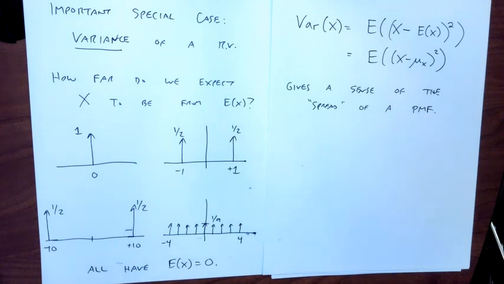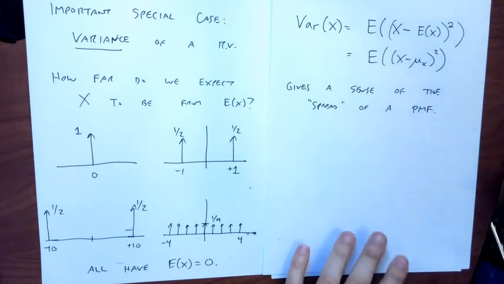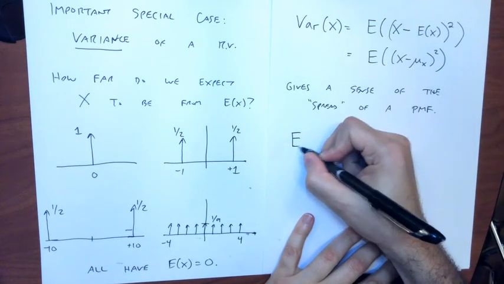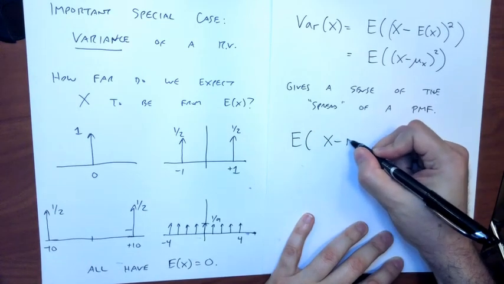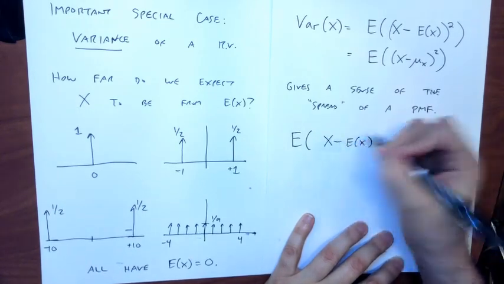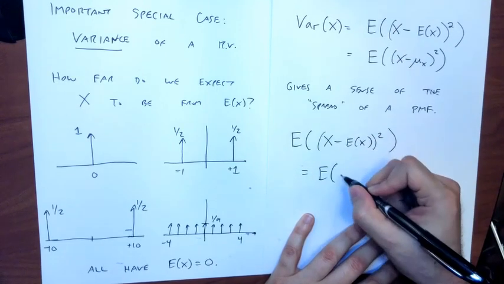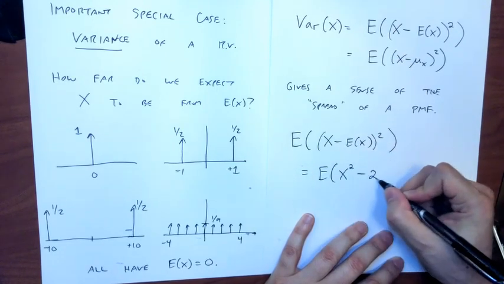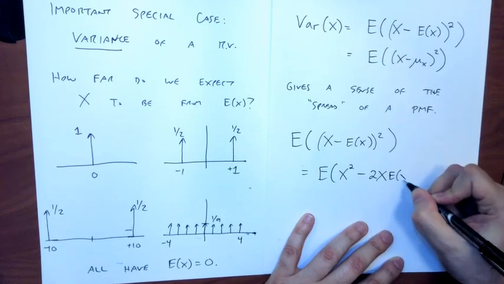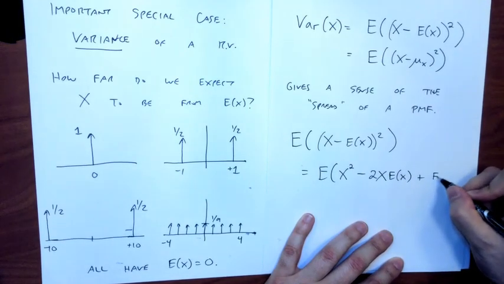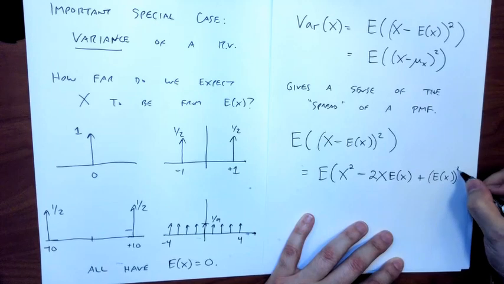So let me pause and say that I can decouple the terms here. The expected value of x minus E of x, squared, let me just multiply that out. I have x squared minus 2x E of x plus E of x squared.